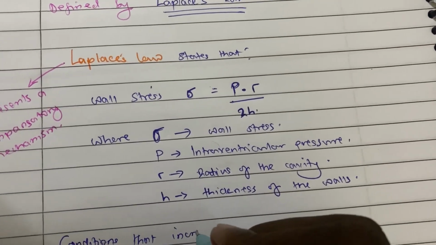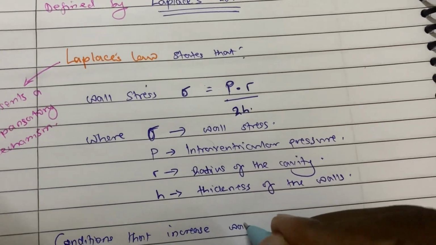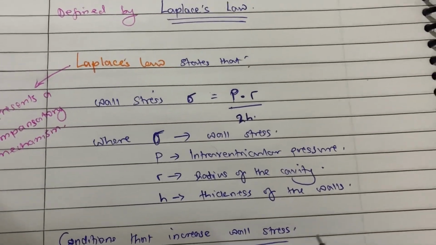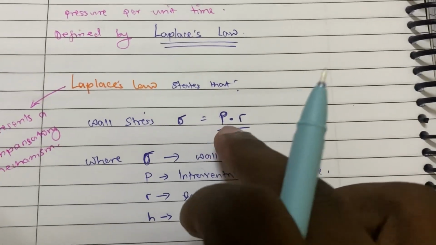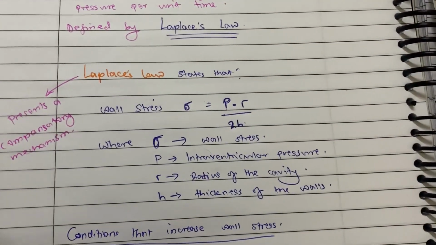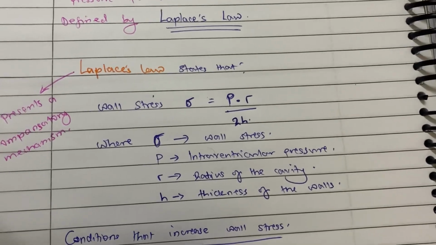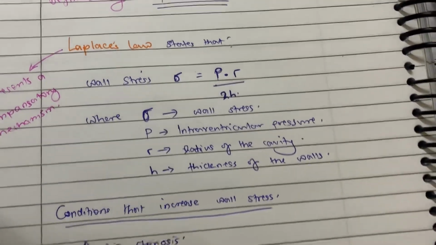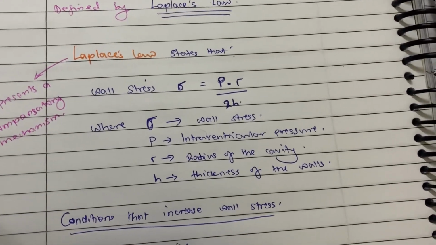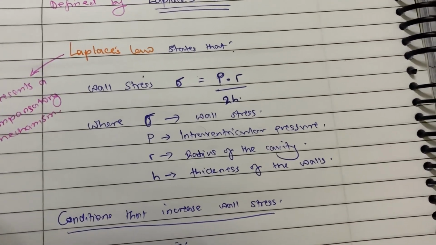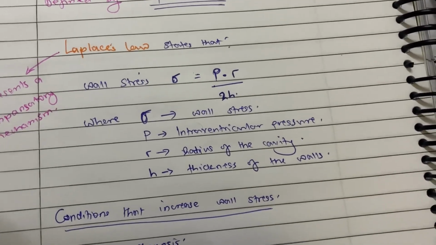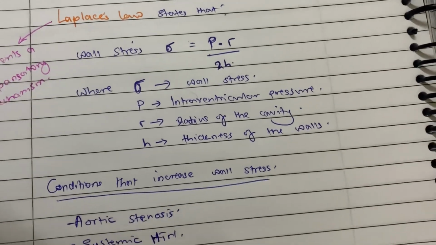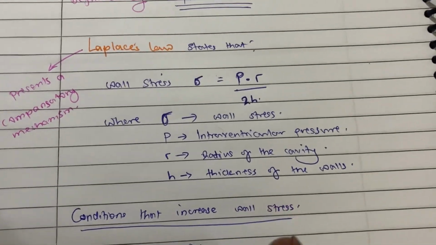Which conditions increase intraventricular pressure, like aortic stenosis and systemic hypertension? These conditions are associated with an increase in wall stress.